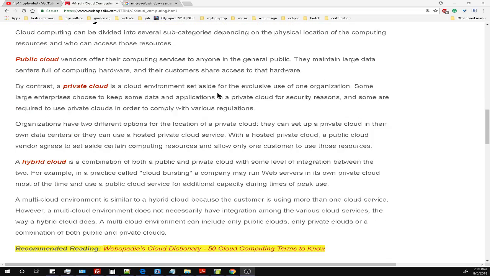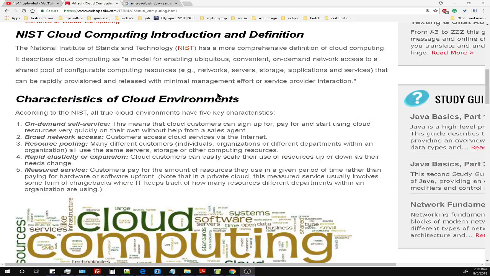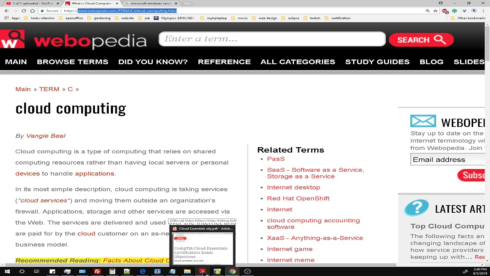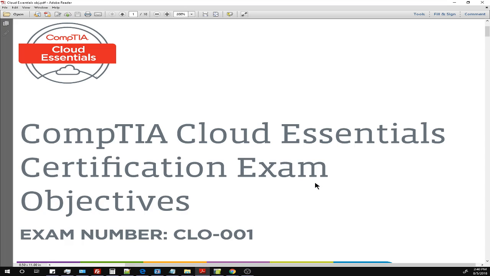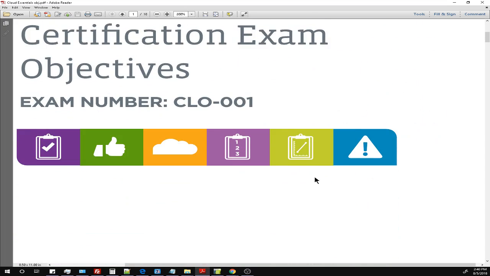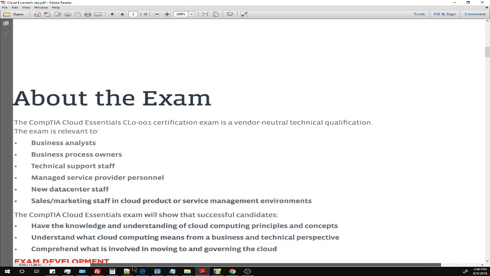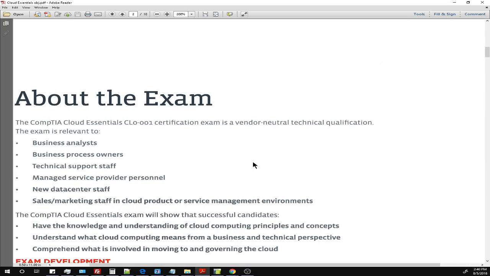All right, here is Webopedia. I went to terms, cloudcomputing.html, and the reason I did that was because this is a good source for the first part of the objectives for the exam.